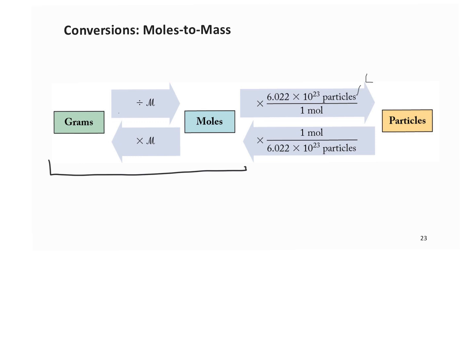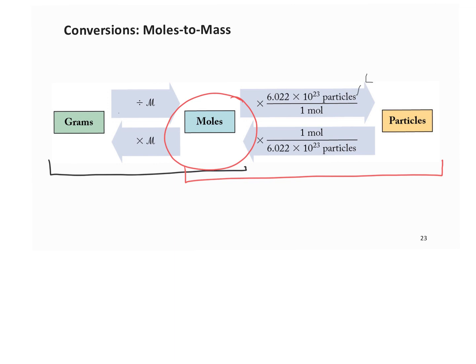But from the previous screencast, we learned we can also go from moles to particles. And so we can put these conversions together now and go from grams to particles as long as we convert to moles first, either way. I like to say in chemistry, all roads go through moles or lead to moles, right? And so we've got to get to moles and then go on.